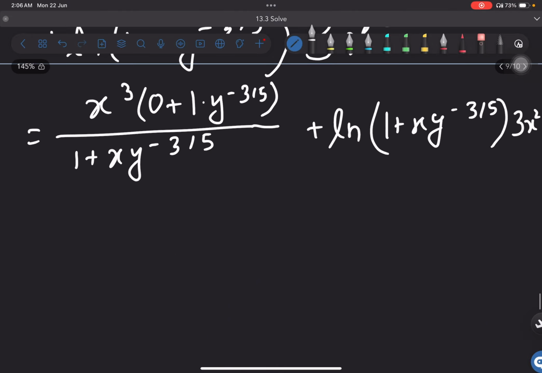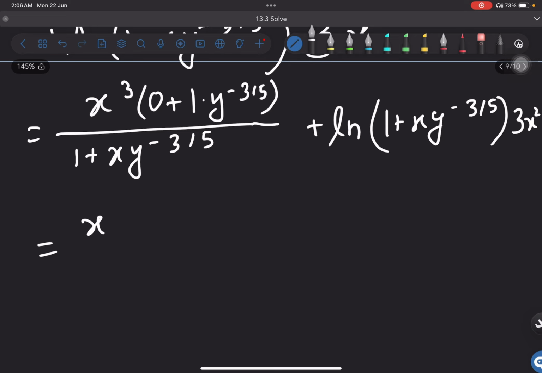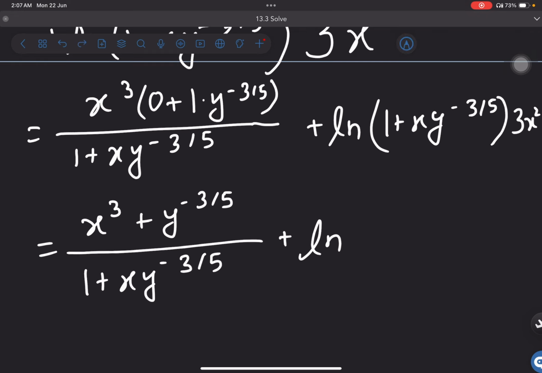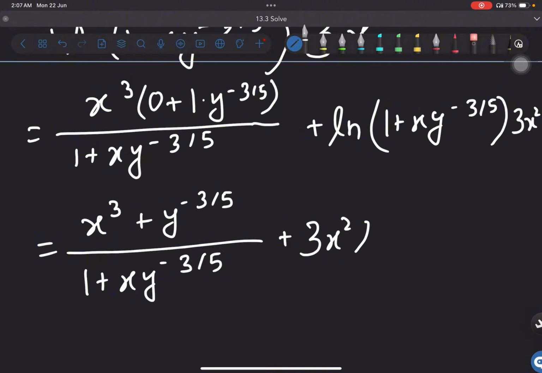So if I'm simplifying this math even more, this becomes x cube y to the power minus 3 by 5 divided by 1 plus xy to the power minus 3 by 5, plus, let me put 3x squared in the beginning, 3x squared ln 1 plus xy to the power minus 3 by 5.